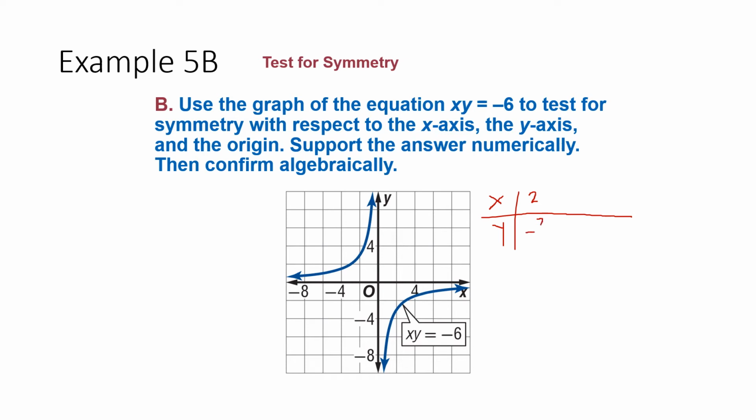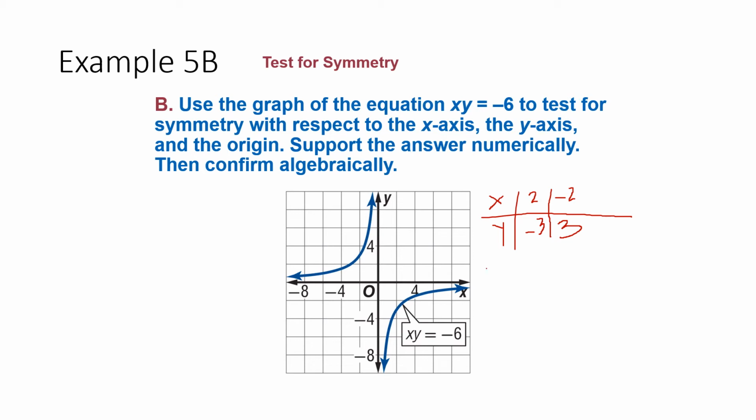Let's check on the other side: when x is equal to -2, y is equal to what? When x is equal to -2, y is equal to 3. This is exactly what happens in a function which is symmetric about the origin. x becomes -x and y becomes -y.